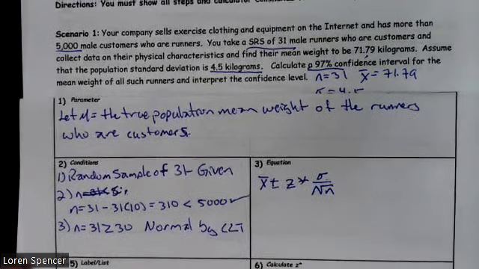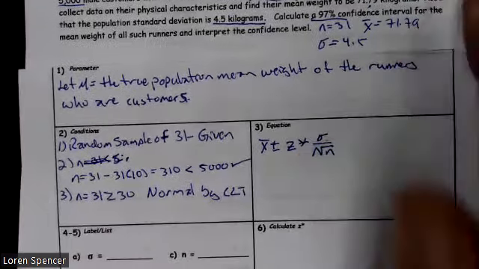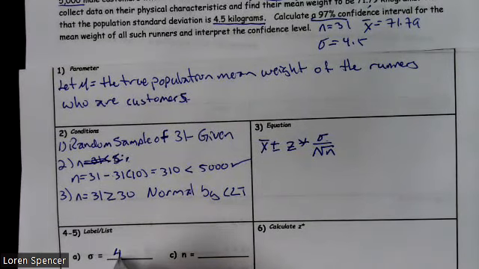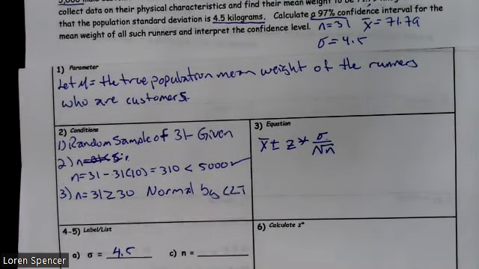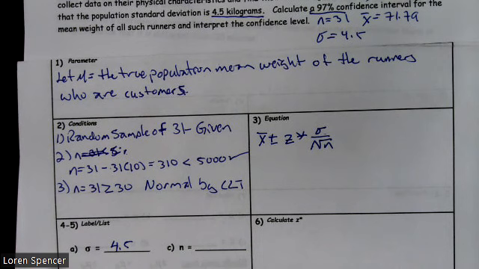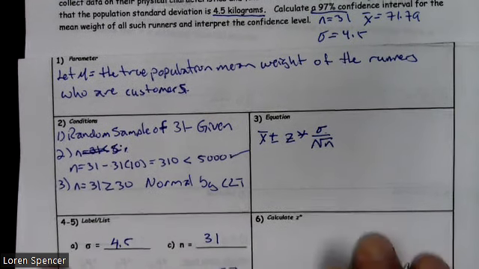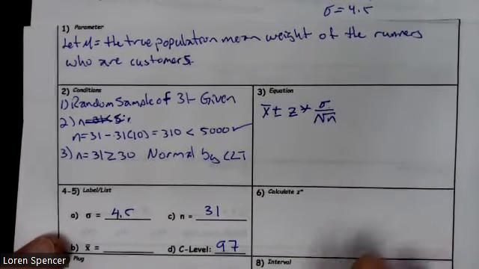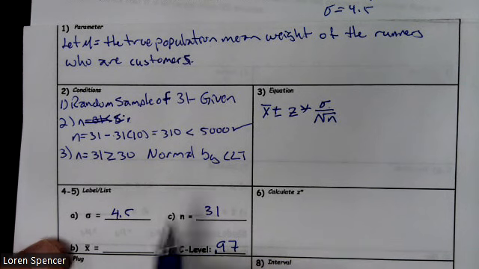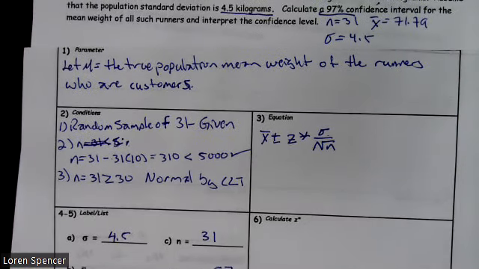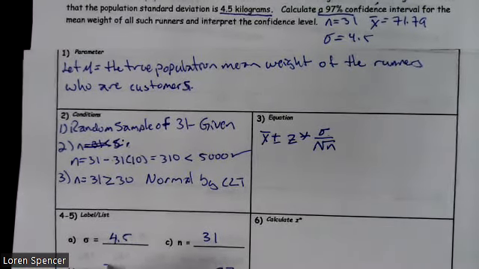We're going to list all of our components that go in. Our first component is 4.5, the standard deviation of our population. Our n was 31. Our confidence level was 97, or 0.97. And our x bar was 71.79.